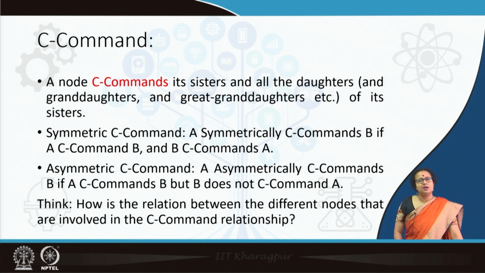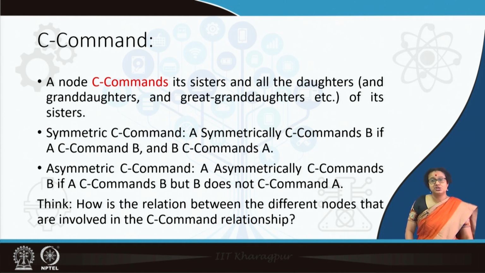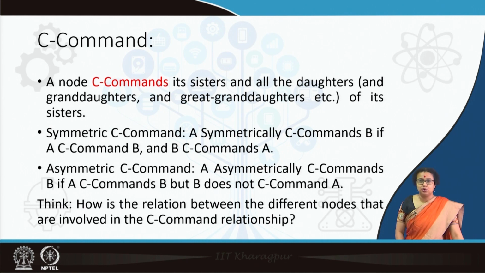There are more definitions of C command, but it is better for us to stick to this at this point, because this is simpler and we can talk about the relationships as well, like sister and the daughters etc. So, there are differences between symmetric C command and asymmetric C command. It is important for us to know about the differences as well. What do I mean by symmetric C command?